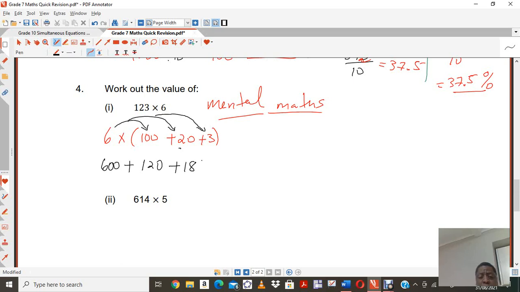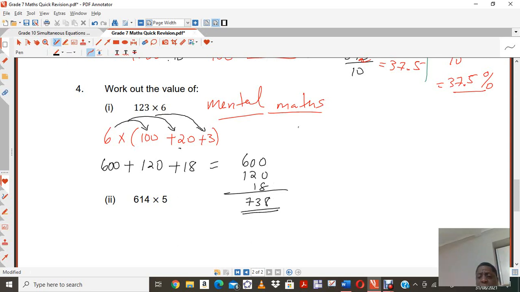So the answer should be 600 plus 120, which is 720. Okay? Plus 18. Maybe I'll write it like this so that it's easier for you to arrive at your answer. Your final answer should be 738. Bottom line is, this is one of the ways you can do that.